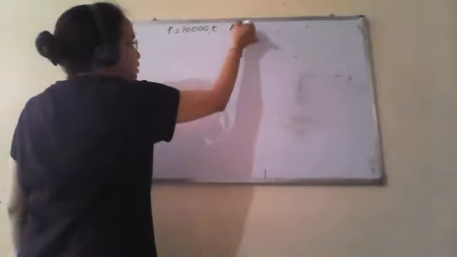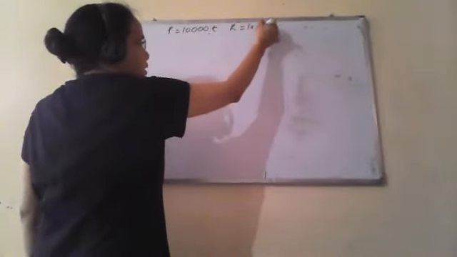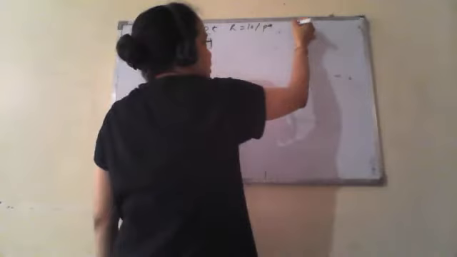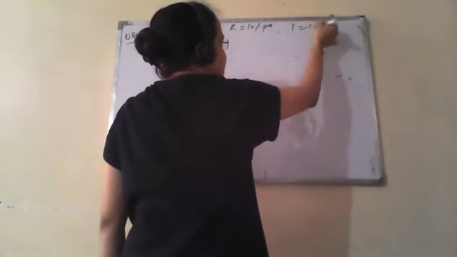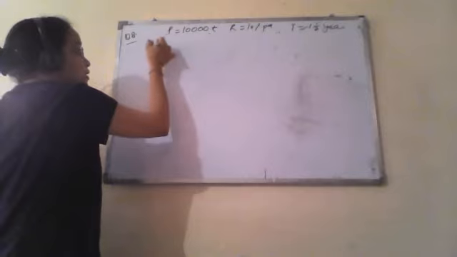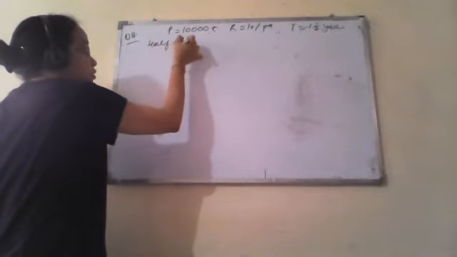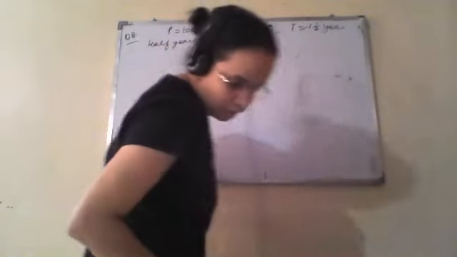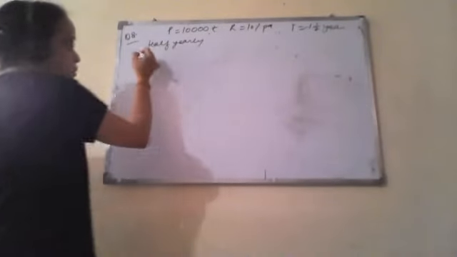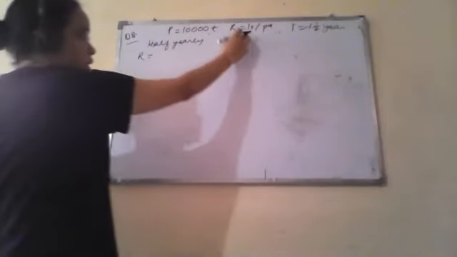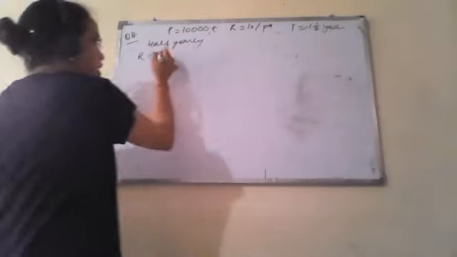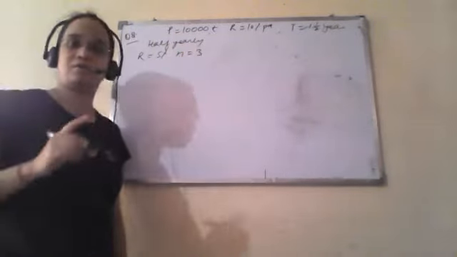Rate is 10% per annum and time is 1.5 year. So first we are calculating on a half yearly basis. We have to calculate amount and compound interest both. For half yearly basis, R will be 10 by 2 because it is compounded half yearly. It will become 5%, and n will be 3 because there are 3 half years in 1.5 year.